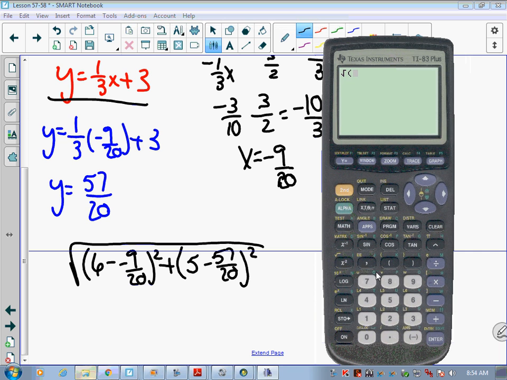Okay, square root of 6 plus 9 divided by 20 squared plus 5 minus 57 divided by 20 squared. Hopefully that worked. I got 6.8. Did you guys get 6.8? Well, then you're wrong, because your answer should be 6.8.